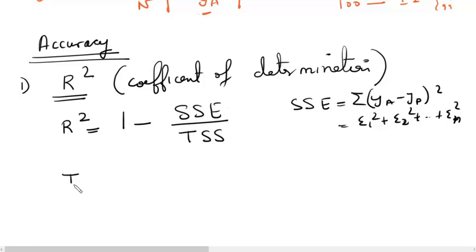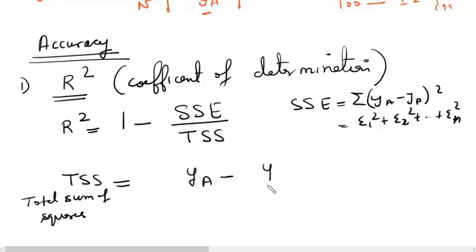And what is TSS? Now TSS stands for total sum of squares. Now how do we calculate this? We calculate this by actual minus the average value of the dependent variable whole square.